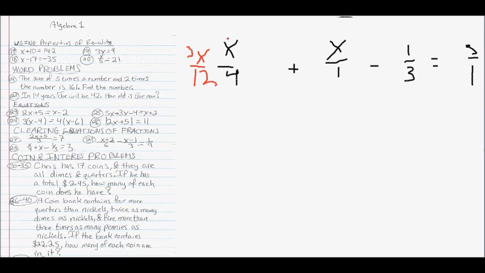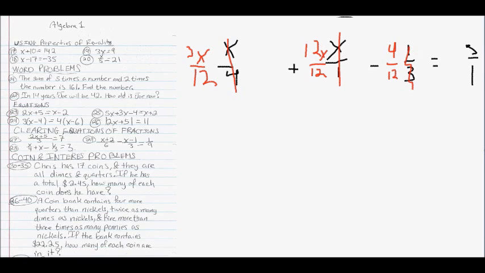Our new fraction is going to be 3x. Next, how many times does 1 go into 12? 12 times. So our new fraction is going to be 12x.